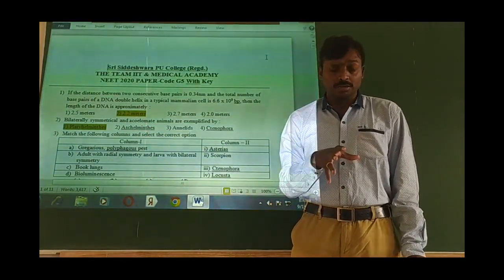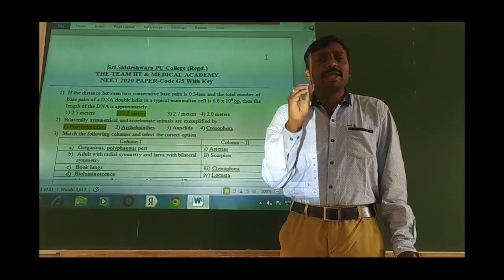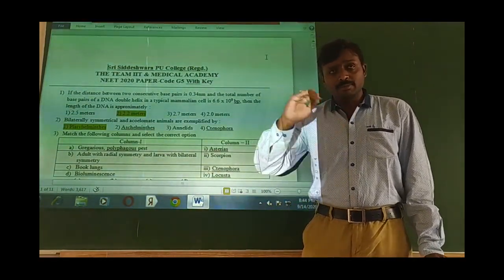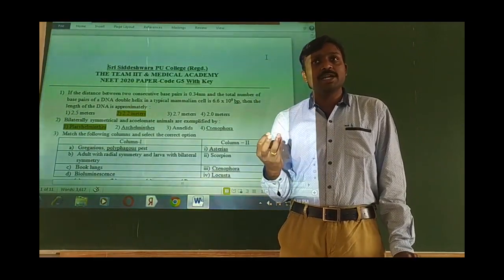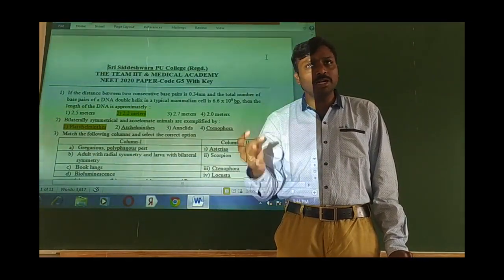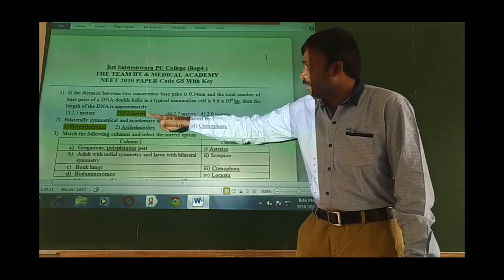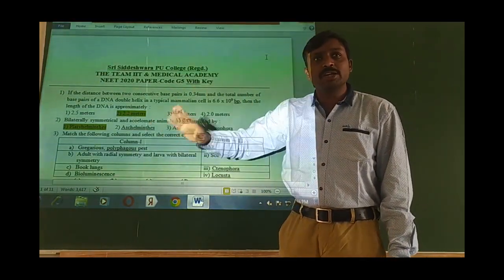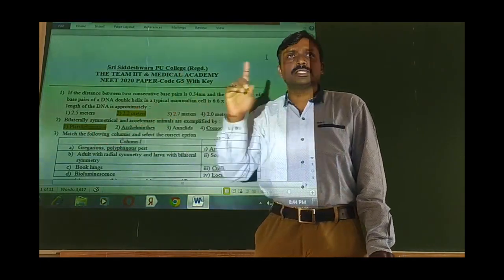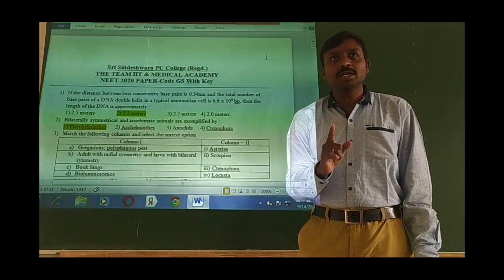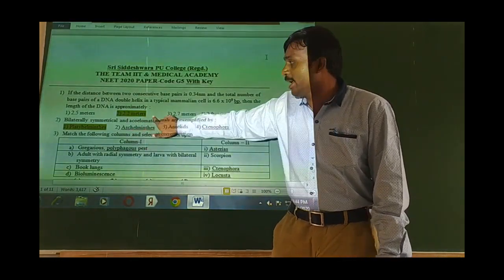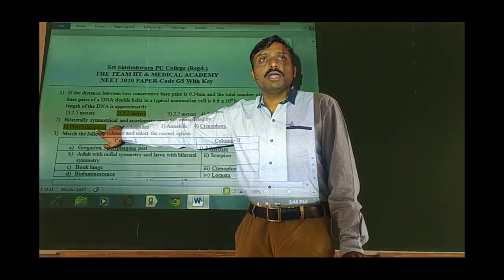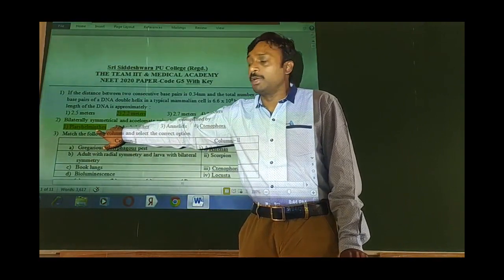Based on coelom, animals are generally classified into three categories: coelomates, pseudocoelomates, and acoelomates. Under acoelomates, remember very well, Platyhelminthes is the only phylum that comes under acoelomates.